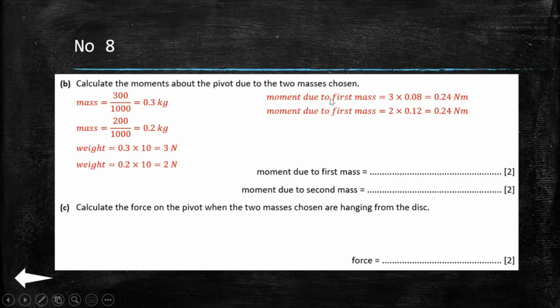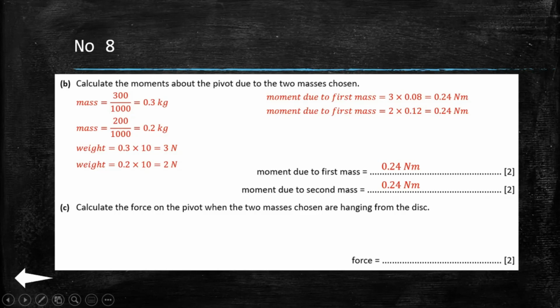Both moments must be equal. Otherwise, your answer in 8a is wrong. Now, let's fill in the answer to the provided space. Moment due to first mass is 0.24 Newton meter. Moment due to second mass is also 0.24 Newton meter.